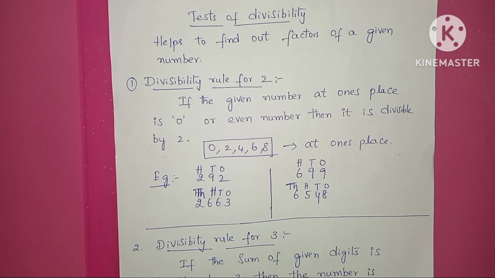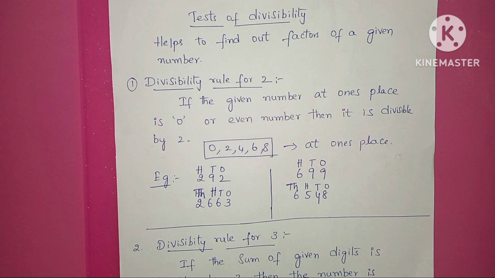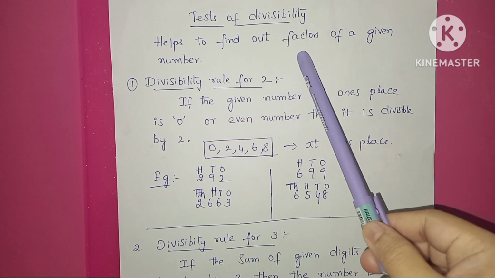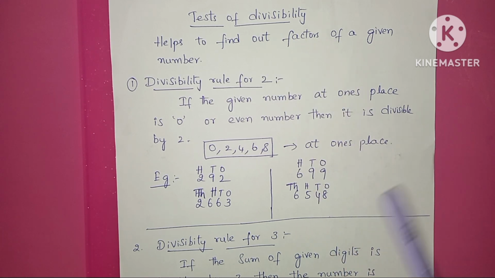All are not the same, but if you keep in mind the basic rule about divisibility, it is very easy. So what is the use of this divisibility test? It helps to find out the factors of a given number.